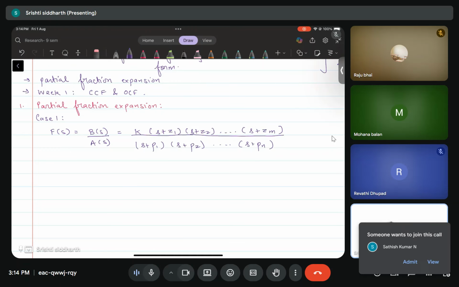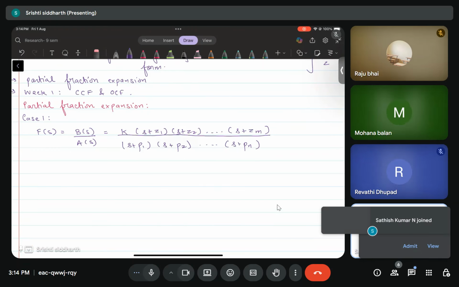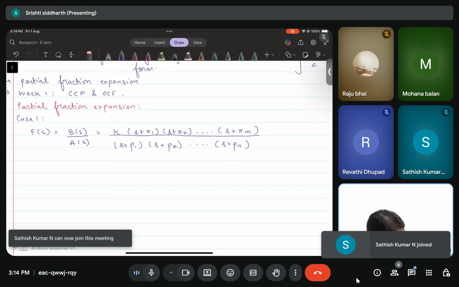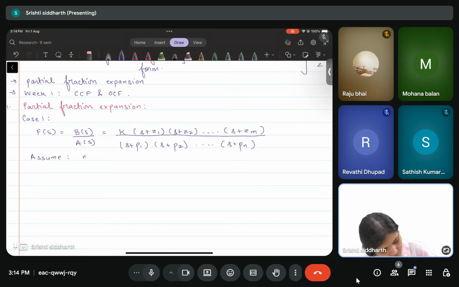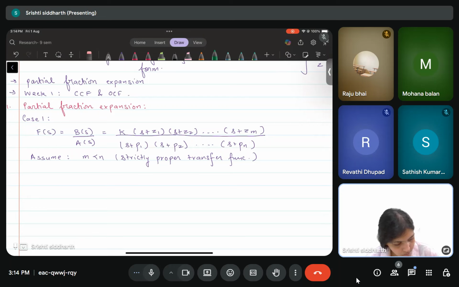Let's also assume that m is less than n, so the number of zeros is less than the number of poles, which means it's a strictly proper transfer function. The zi's are zeros, the pi's are poles.